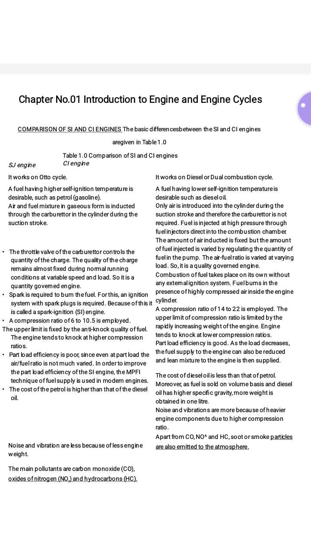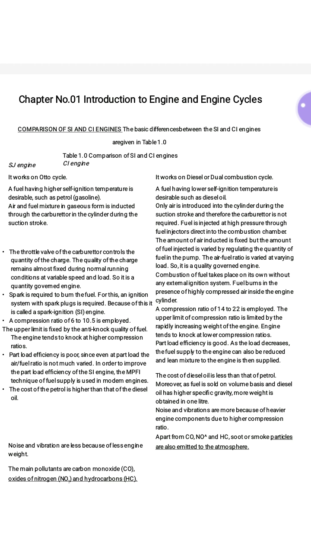In a CI engine, a fuel having a lower self-ignition temperature is desirable, such as diesel fuel. As ignition takes place due to the compression of air, the fuel requires a lower self-ignition temperature so that it ignites quickly and easily.